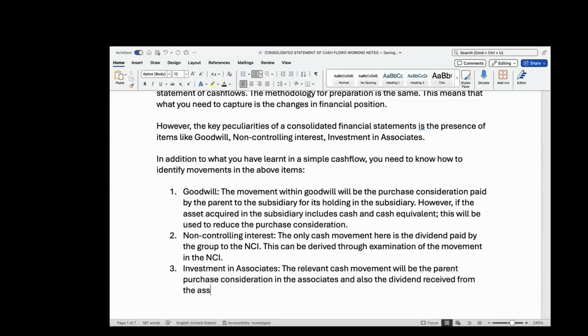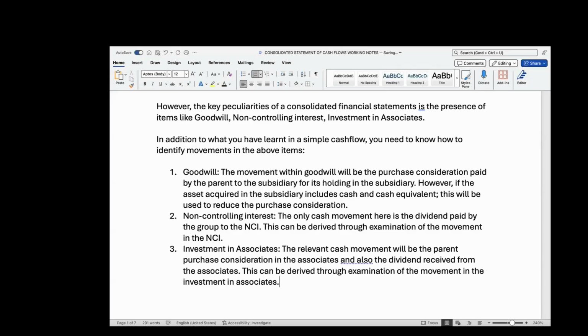We would also derive that through examination of the movements in the investments in associates. So these are basically the peculiarities of the consolidated statement of cash flows.